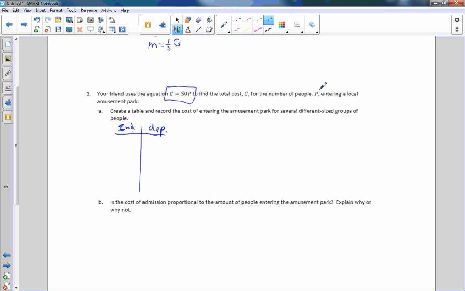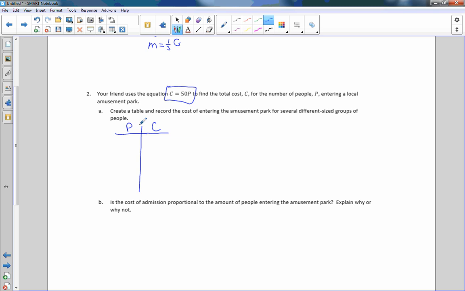So the more the people come, the more money it's going to cost. So the cost is going to be dependent on how many go. And now I finally determined that my cost is my dependent variable, and my number of people that come is independent. So the more people come, the more the cost is.